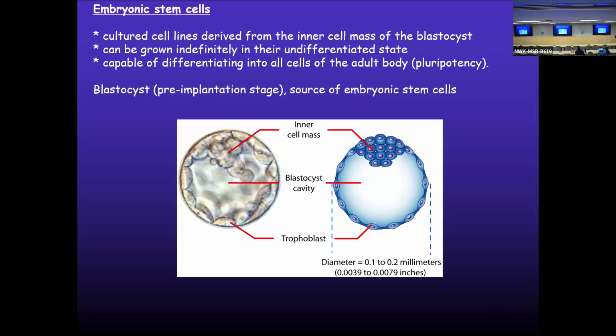I can also store the cells at -80 or in a cryopreserver. Ten years later, I can take them out, and they will still be growing in the dish forever. That's something that we cannot obtain with adult stem cells. Only with embryonic stem cells. We can grow them indefinitely.